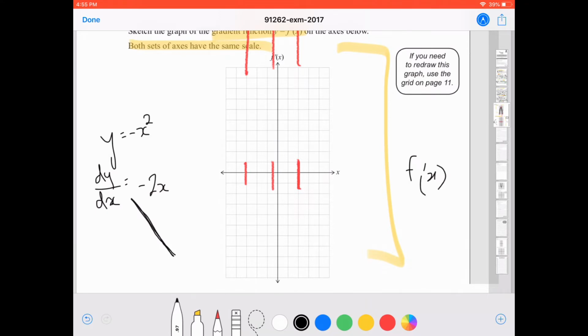So, at this point, the gradient was 0, and so we want our straight line to pass through basically this point here, where y equals 0, just to the left of the y-axis, and so our gradient function is going to look like this. We're just going to extend it downwards. It's going to pass through that point. Okay, and actually that's a poor drawing. We'll redo it.